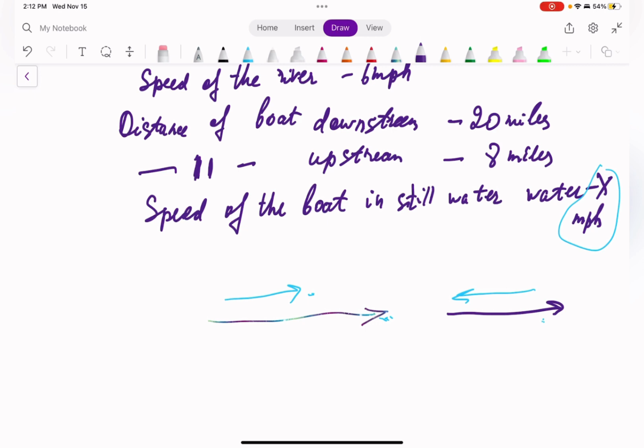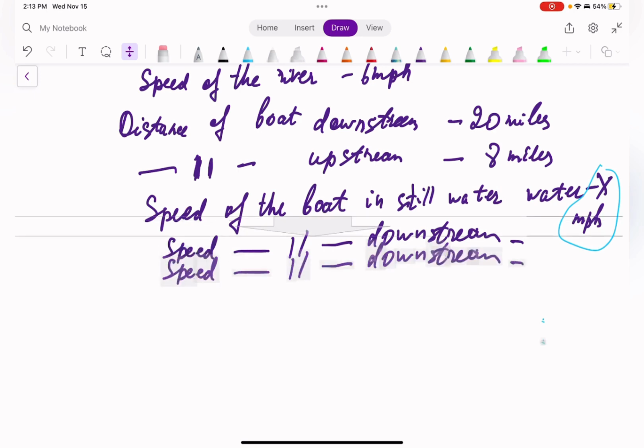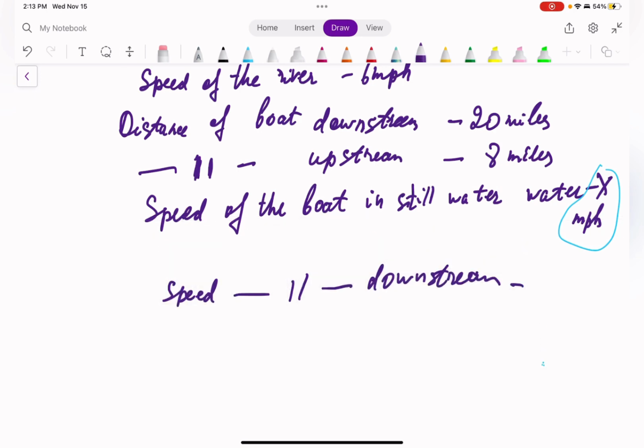The speed of the boat downstream is going to be the same direction as the river, so it's going to be x plus 6.